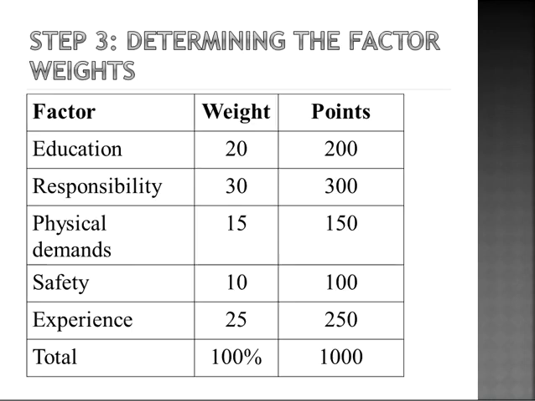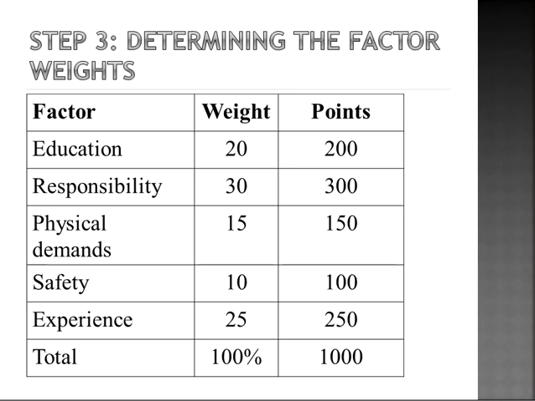So here you go. Determining the factor weights. Because some factors are more important than others, weights must be assigned to each factor and to each level within a factor. Here's the process for doing this.